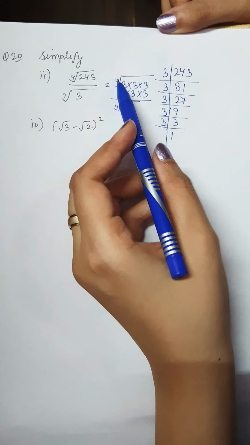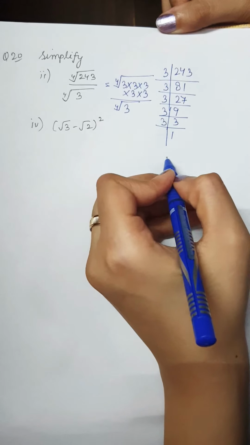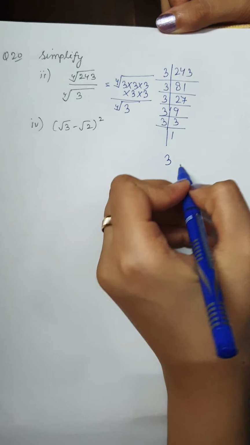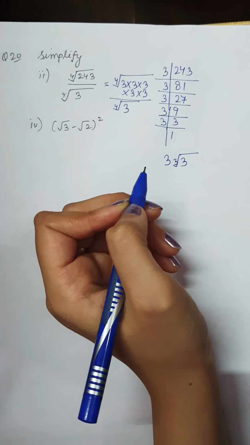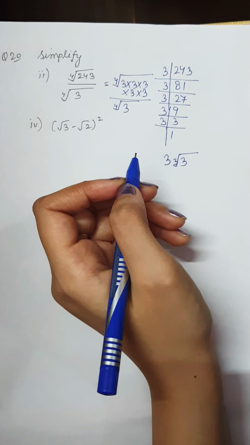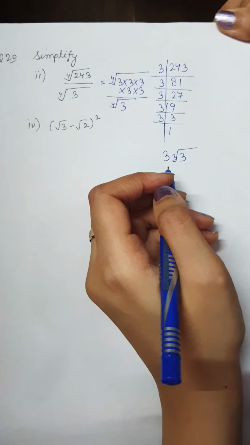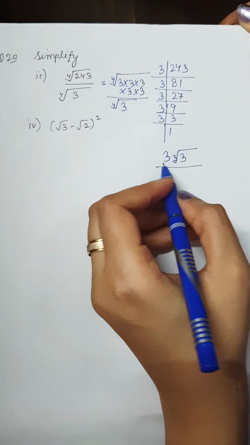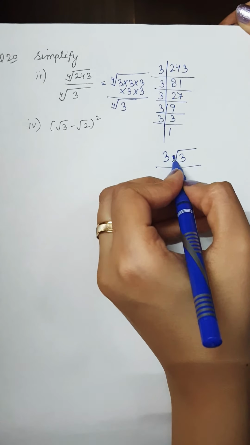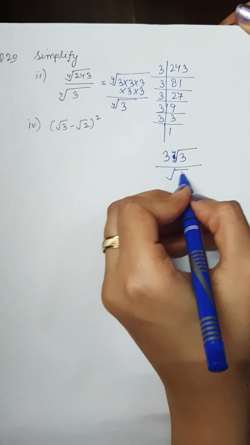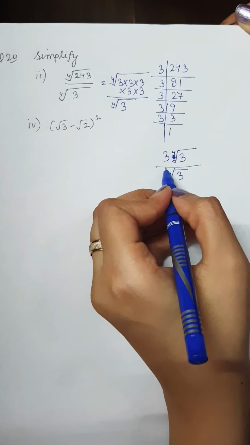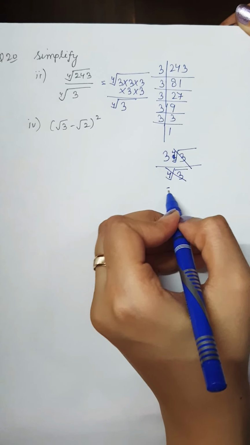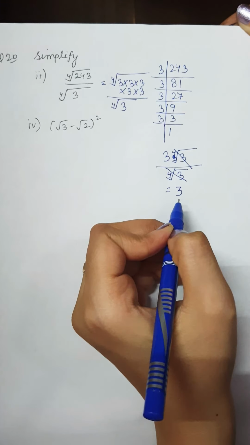Since it is a 4th root, 4 threes I can take out and 1 three will remain inside, like we do for square roots and cube roots. The denominator will remain the same. So this got cancelled. Answer will be 3.